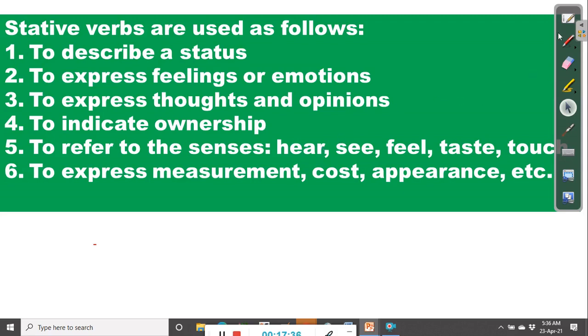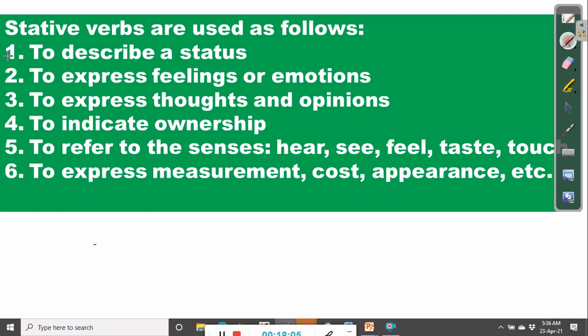Now, stative verbs are used as follows. Number one, to describe a status or a state. Already we have seen that when you describe a state, you are referring to a mental condition, something like hate or like. All right, you like something, you prefer something, is talking about the state of the mind.